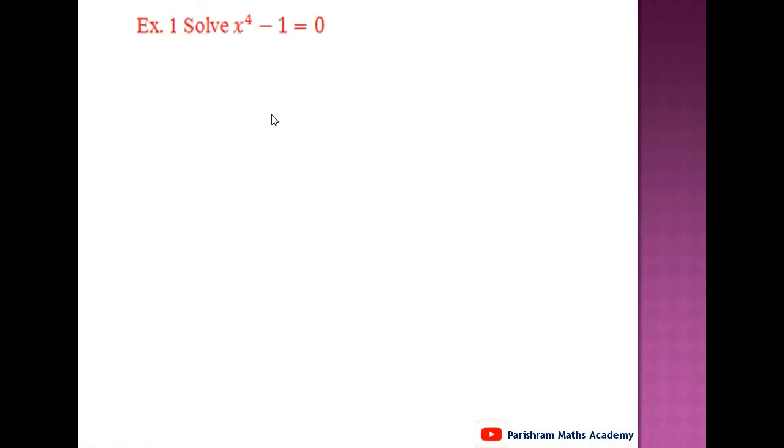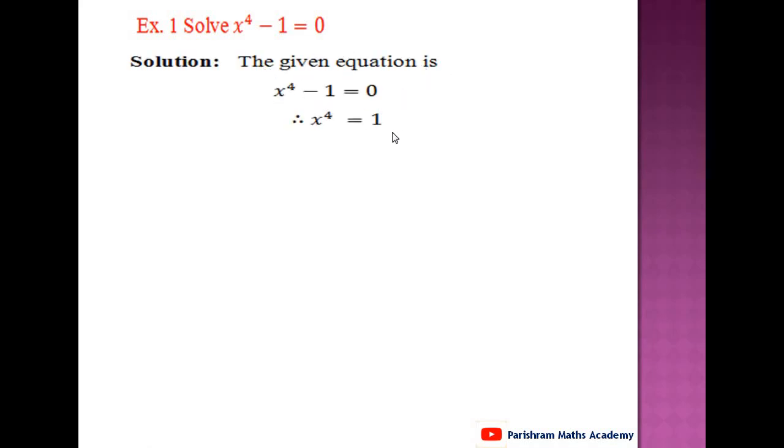Example. We can solve the example x raised to 4 minus 1 equal to 0. The given equation is x raised to 4 minus 1 equal to 0. It means x raised to 4 is the same as 1, and therefore x raised to 4 equal to 1 plus i into 0. 1 is the same as cos of 0, and i into 0 is the same as sin of 0. Cos of 0 is the same as cos of 2 pi k, and sin of 0 is the same as sin of 2 pi k.